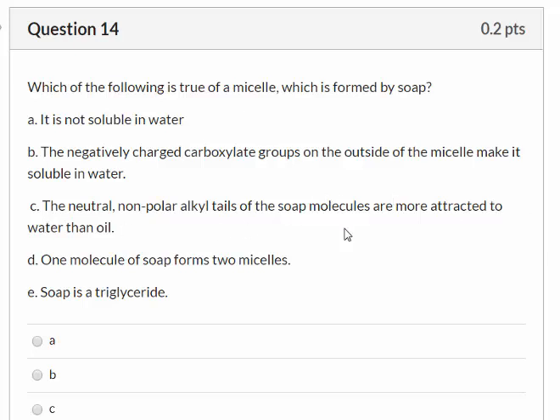No, that doesn't make sense, because water is polar, so it's not going to be very attracted to non-polar things. And the whole deal about a micelle is it takes a lot of soap molecules to surround a bit of oil. A lot of soap molecules work together to dissolve a little bit of oil.